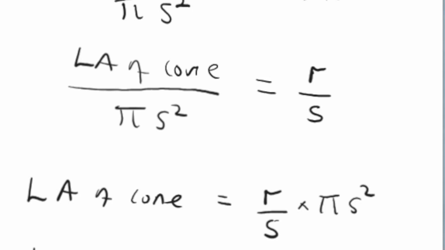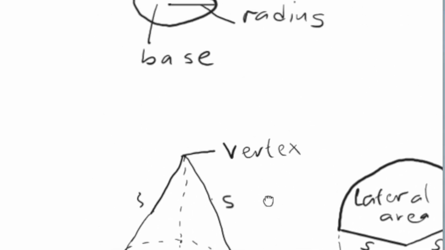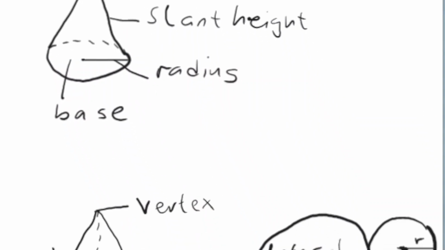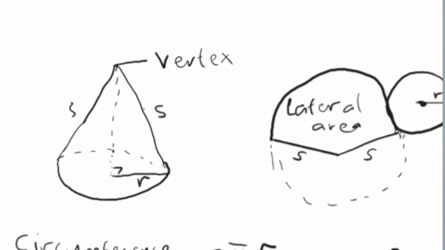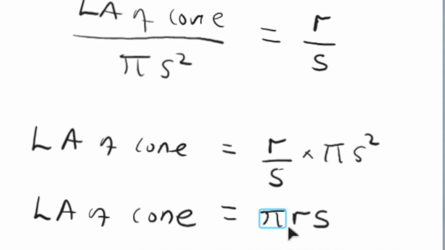So with this deduction, we know that the lateral area of the cone, that is the top part of the cone, can be calculated as pi r s. R is the radius, s is the slant side.